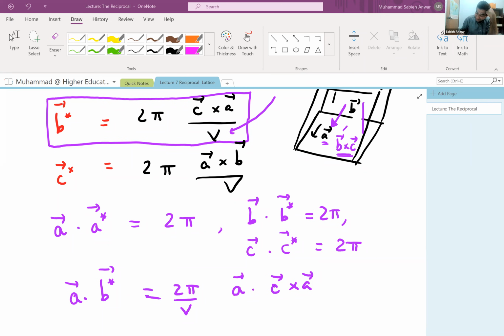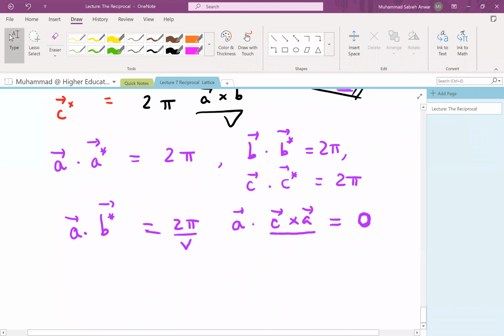What is the dot product of a vector with a cross product of the same vector with anything else? Zero. Come on, what is so difficult about this? This is going to be zero.